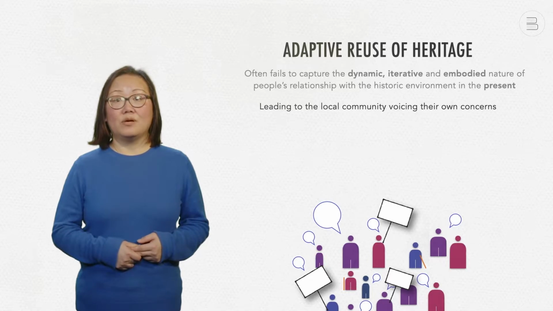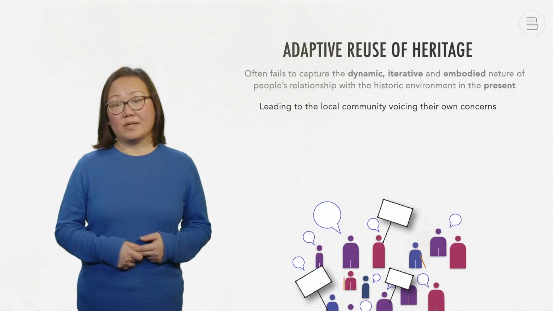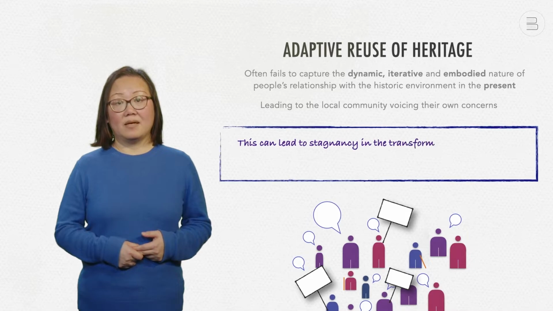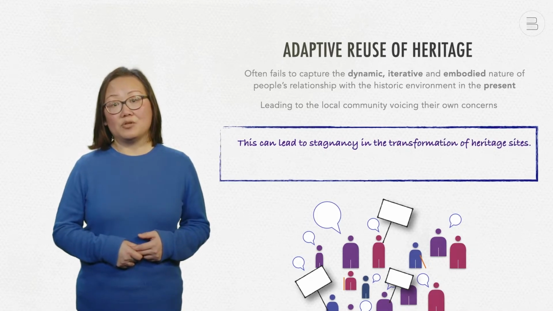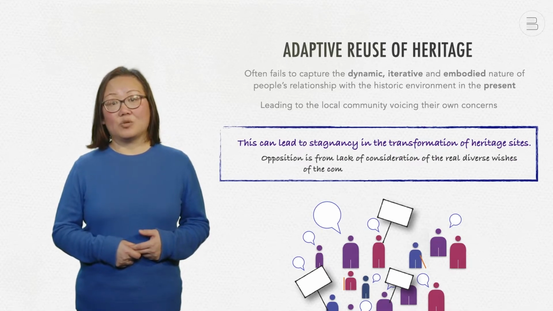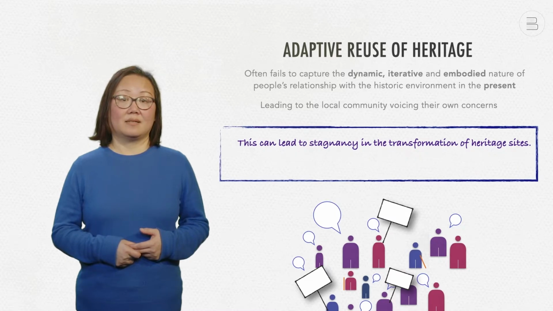This has led to local communities voicing their own concerns about development impacting heritage sites and the historical environment around them. On various occasions, opposition from the communities towards the adaptive reuse plan led to stagnancy in the transformation of heritage sites.